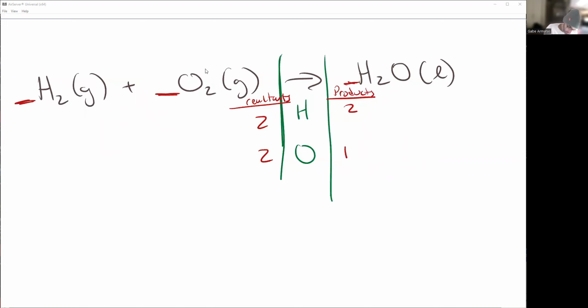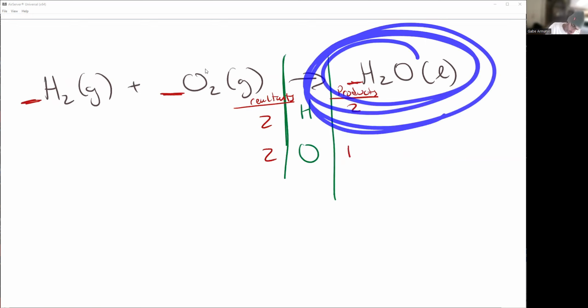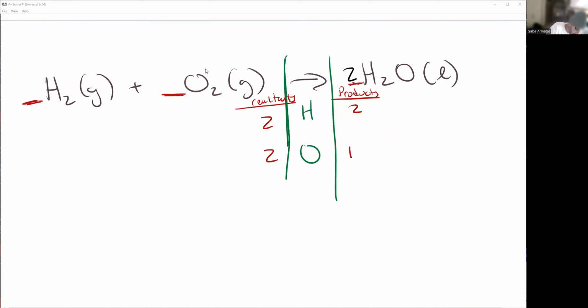Is that a possibility? Well, if I look here, water has 1 oxygen. So if I put a 2 in front of H2O, I'm going to change both my hydrogen and my oxygen. I highly encourage you, when you use this method, to cross out. By putting a 2 in front of water, I'm changing my hydrogen and also my oxygen, so completely scribble that out so you can't see it.